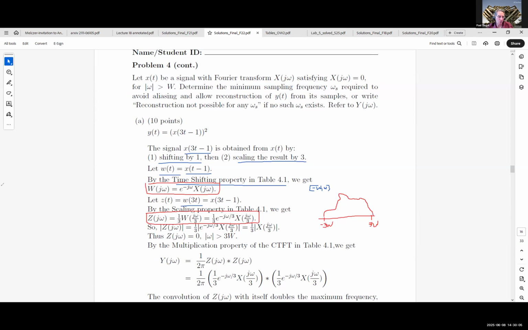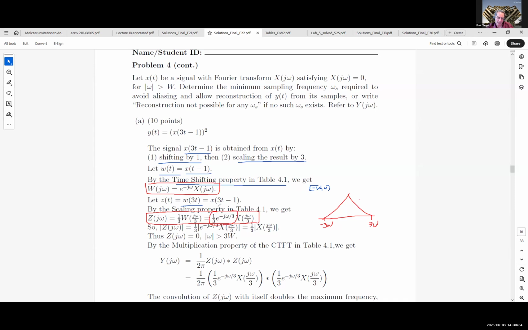It's actually not going to look so weird, probably. Let's assume we're dealing with one of our typical spectra, which might look like that. That's the X of j omega over 3 part.